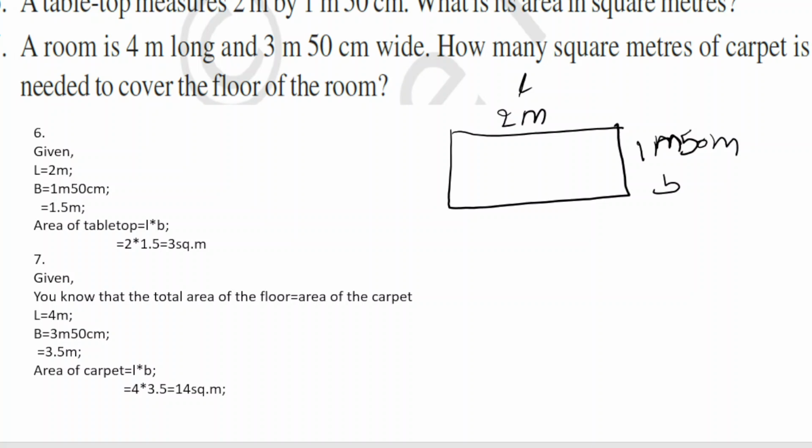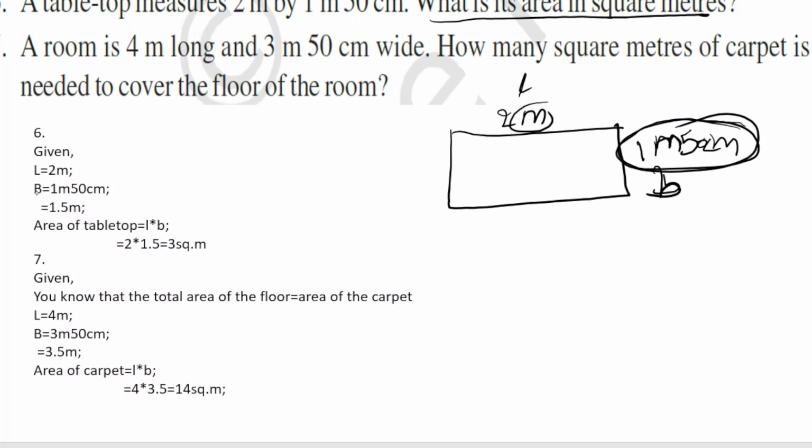Children, you know that to find out the area, both length and breadth must be in the same units, but here breadth is given in meters and centimeters and length is given in meters, but we need to find out the area in square meters. So let's convert these meters and centimeters into meters.